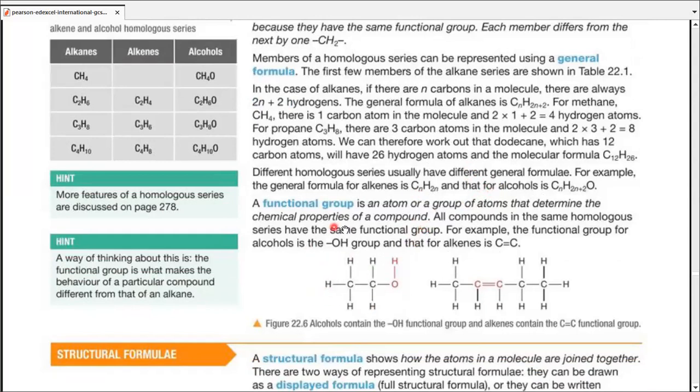So for now, a definition in terms of baby steps would be: a functional group is an atom or a group of atoms that, if connected to an organic compound, determines the chemical properties of it.